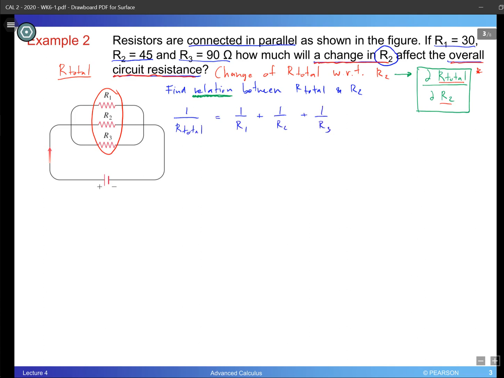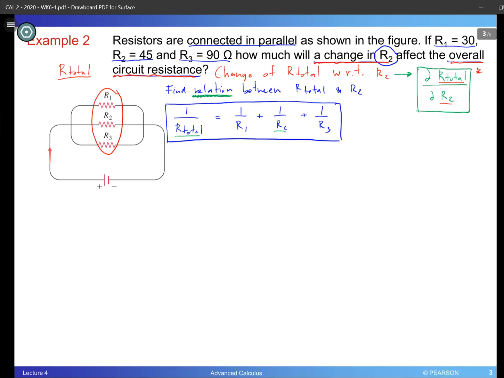If you have more resistors in parallel in this circuit, you can add them to this formula in this manner, in the reciprocal form. So let's build this box around this formula, because this is the main one that shows the relation between R total and R2.